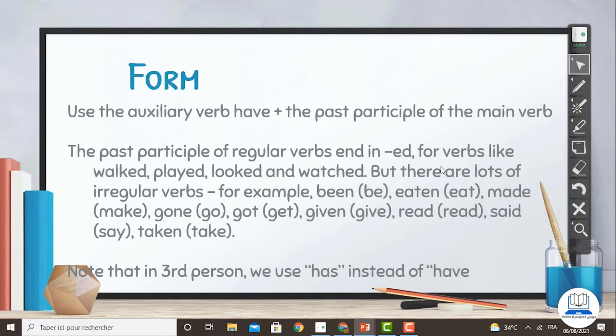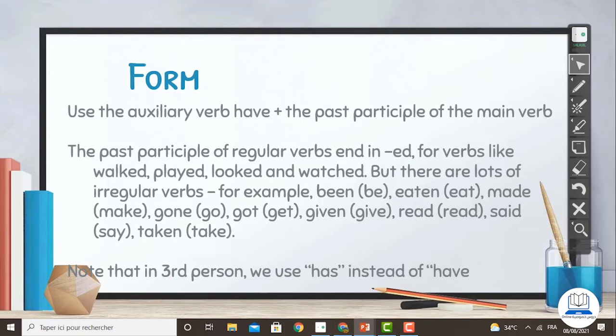The form. So we are going to use the auxiliary verb have plus the past participle of the main verb. So this is the rule for our tense. The past participle of regular verbs ends in ed, for verbs like walked, played, looked, and watched.